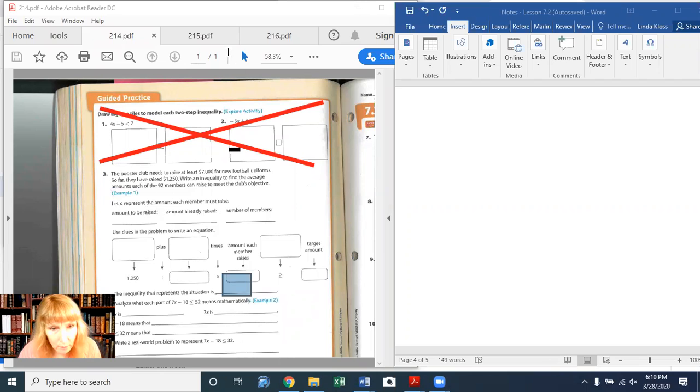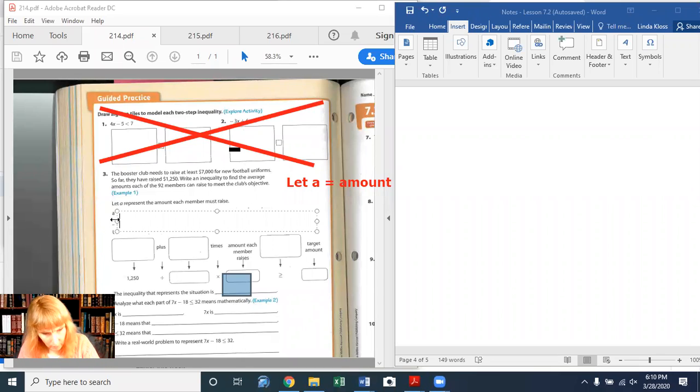So A equals amount. I'm going to put that in here, just nice and big. Let A equal amount. So we know that that's standing for the amount that each person has to raise. Let's put it right over here. And the amount to be raised is how much? Back at the problem. Yeah, $7,000. Let's put that in there. $7,000 needs to be raised.